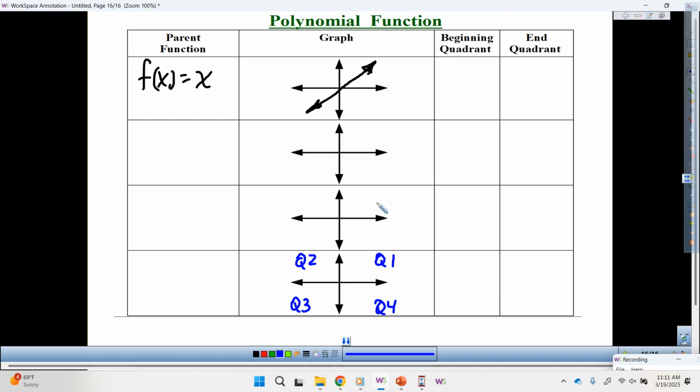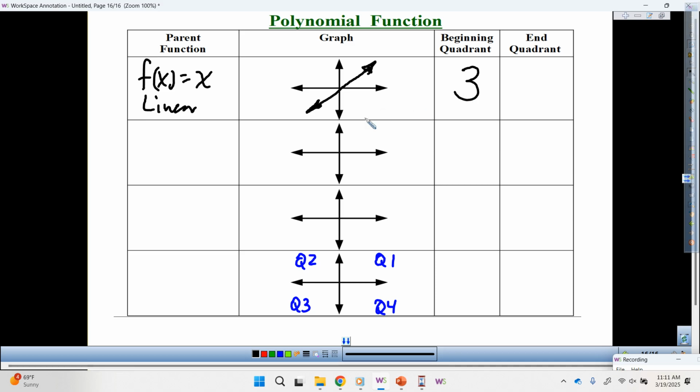Okay, so look at our parent function f of x equals x, known as a linear function. What quadrant does that graph begin in if we go from left to right? Tell your neighbor. 3, that is correct.